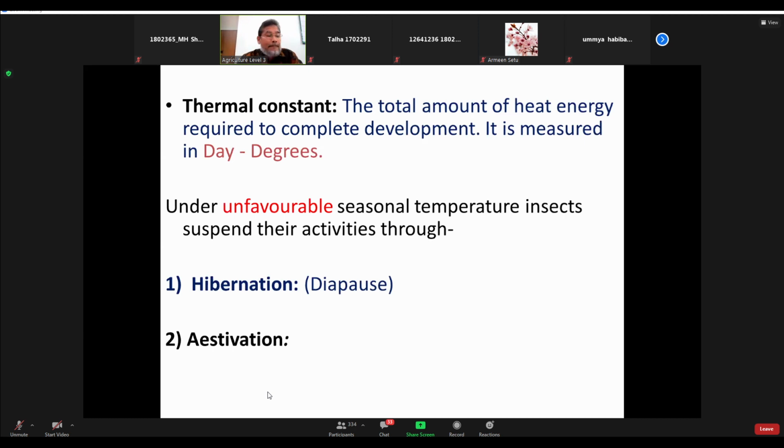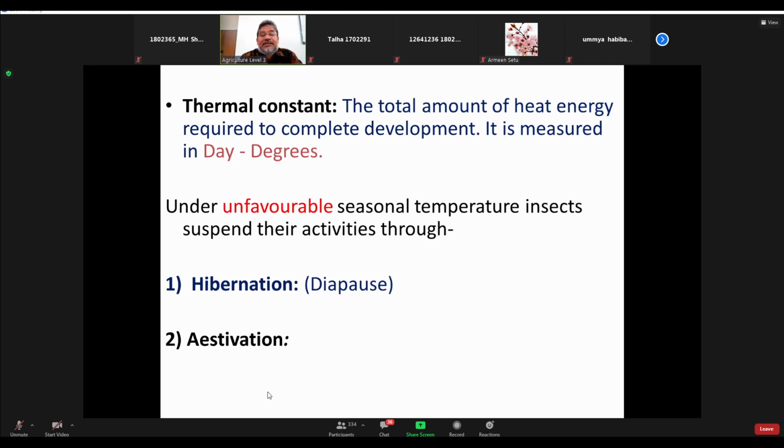Diapause, that is, they will pass the time. There will be no development. There will be no change in their life. They will not need any food for their survival. Whatever stored food they have, they will utilize that food and pass the hard time. And when the temperature is again favorable, their body activities will be resumed.